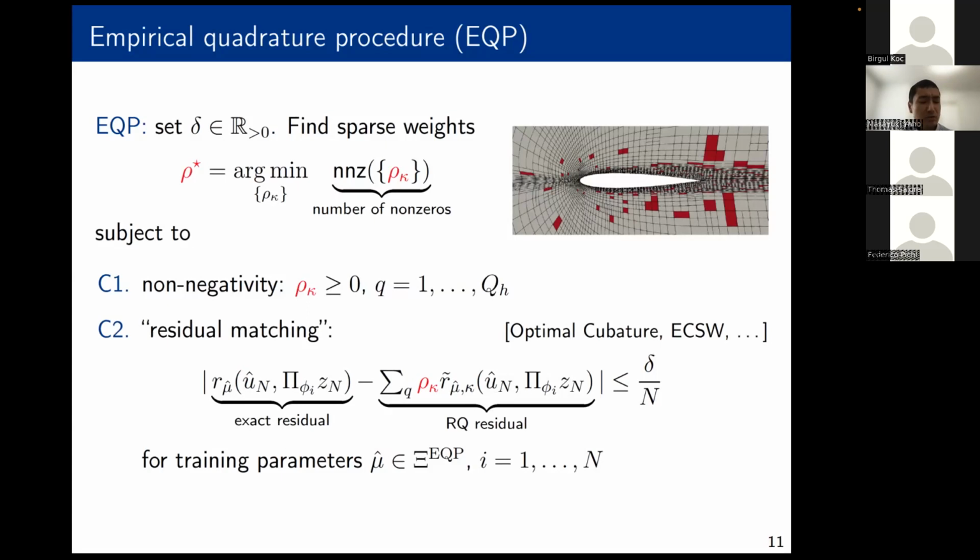And then we ensure that this reduced quadrature rule reproduces the exact residual to within the tolerance, which varies depending on the user prescribed tolerance, such that residual is reproduced at this set of training points. And by choosing training points that are sufficiently rich in the parameter space, we hope that error due to hyperreduction is controlled over the entire parameter domain.